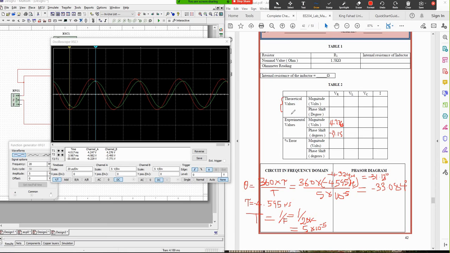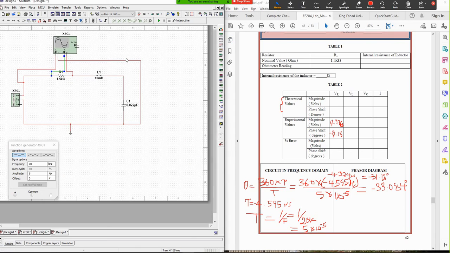So now I have finished with the resistor. Let me go back to the inductor. To work on the inductor, we have to remove our terminals from the resistor and move to the inductor.